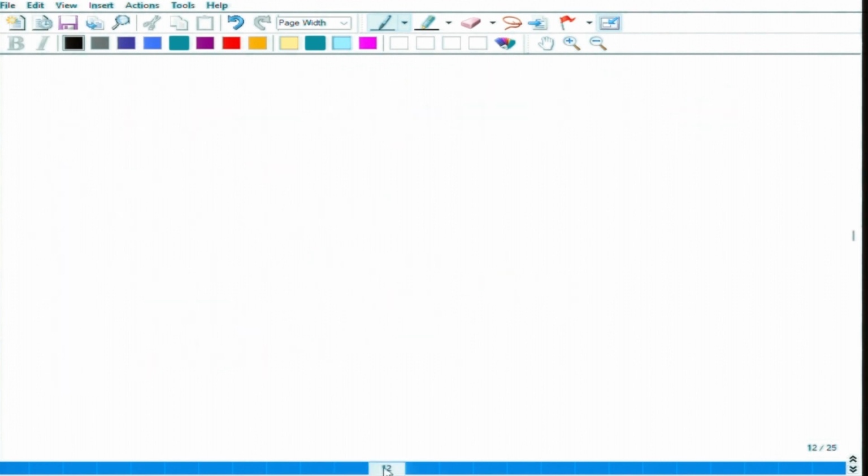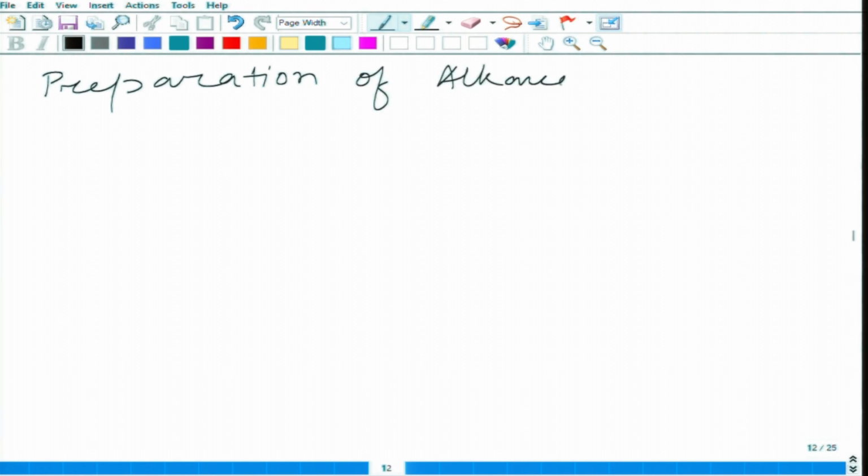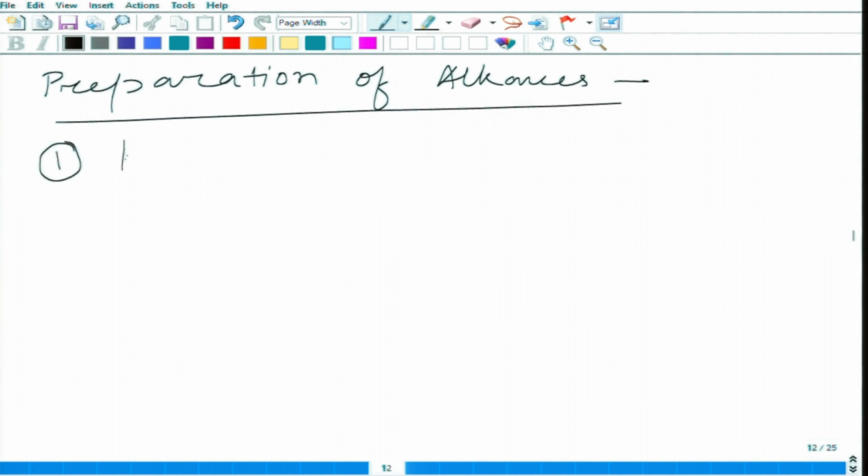So, the first method for preparation of alkanes is from unsaturated hydrocarbons.